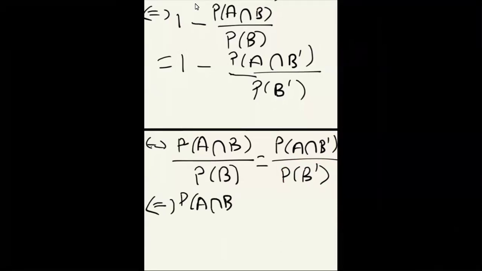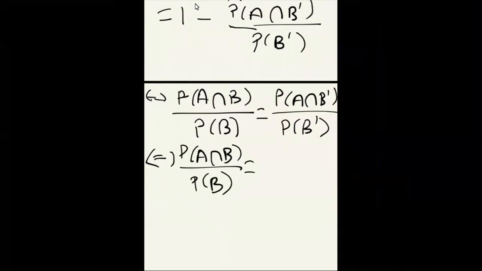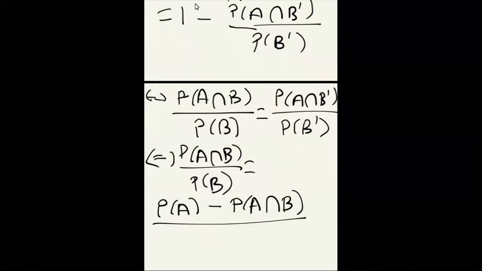So I just keep the left-hand side the same. And instead of A intersect with B prime, I can write it as probability of A minus probability of A intersect with B, so that it involves the terms that I want. And then divided by 1 minus probability of B, because it is probability of B complement.